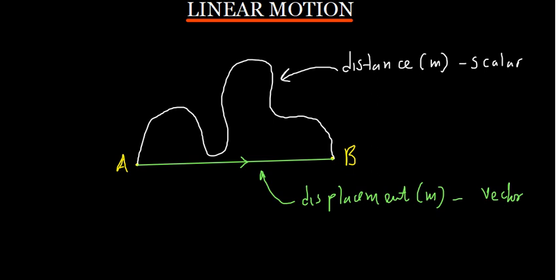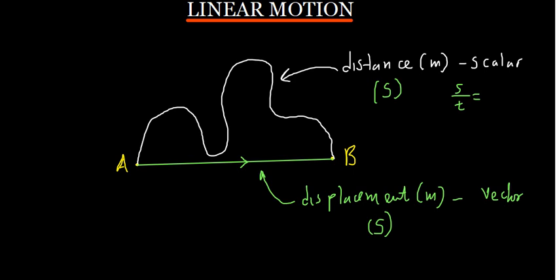Distance is a scalar, displacement is a vector. For both, you use the symbol S to represent them. So when you say distance over time, which is S over time, this is going to give you speed.